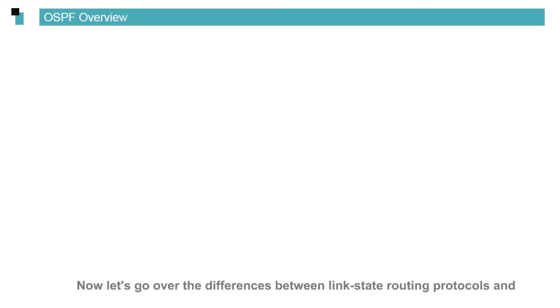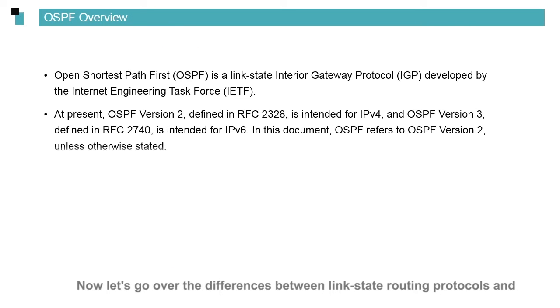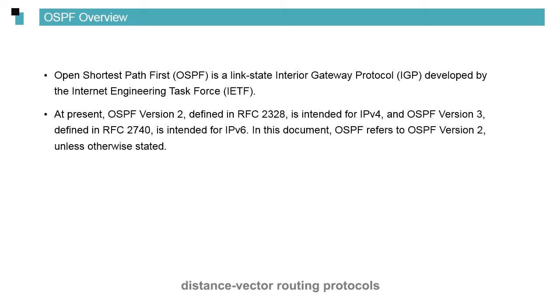Now let's go over the differences between link state routing protocols and distance vector routing protocols. First, a distance vector routing protocol updates routes by rumor. Second, Routing Information Protocol, RIP, can run after the protocol has been activated on an interface. There is no need to establish a neighbor relationship for RIP. Third, RIP is not able to understand the entire network topology, which can easily cause a loop.